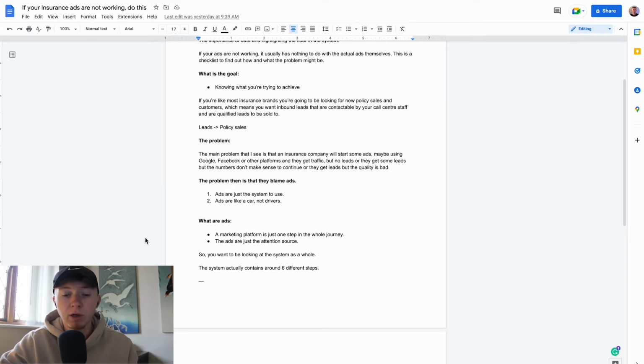So the cost per lead is really expensive, or the leads that they do get are really bad quality and they can't be sold to. And in some cases, they don't even get any website visits, but that doesn't tend to be the common problem. The common problem is that they don't get enough volume of leads, they spend too much to acquire leads, or the leads that they speak to are not very good.